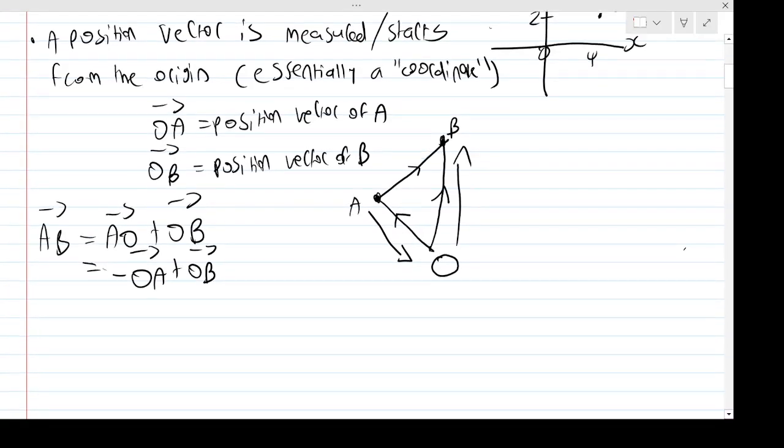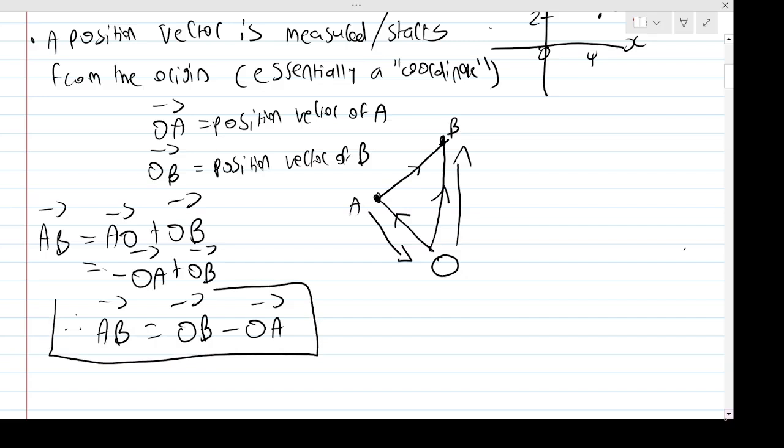And then if we just rewrite this slightly, for any vector AB, any point A, any point B, the vector from A to B is alternatively, using position vectors, the position vector of B minus the position vector of A. And that is another way of expressing a vector between two points.